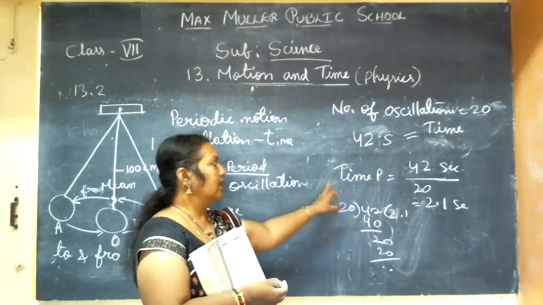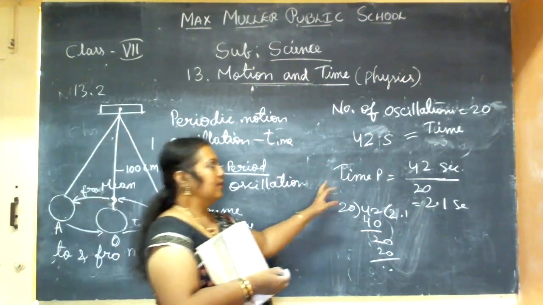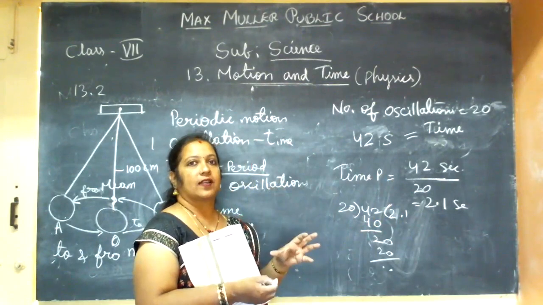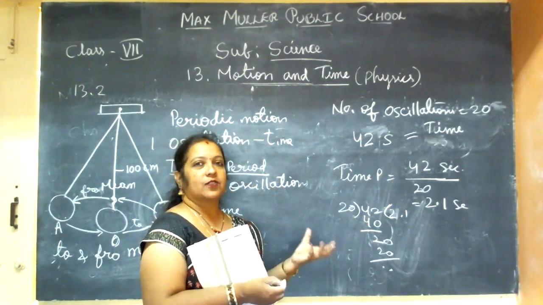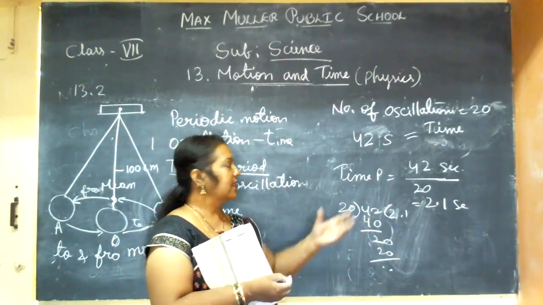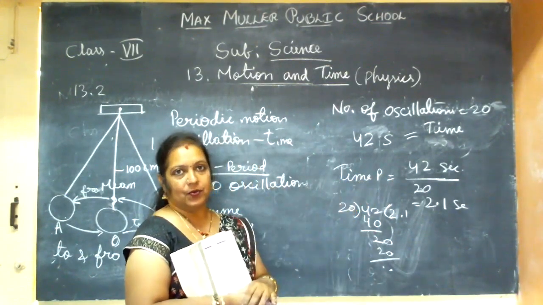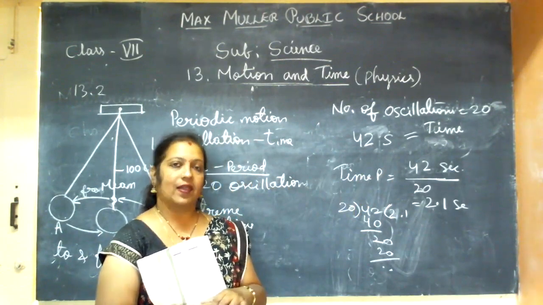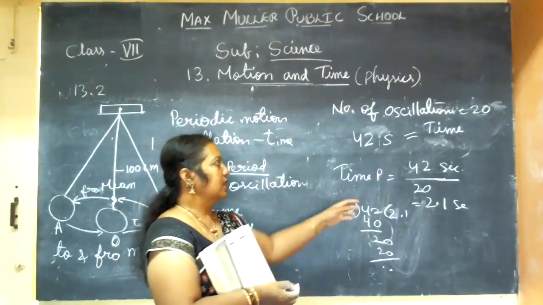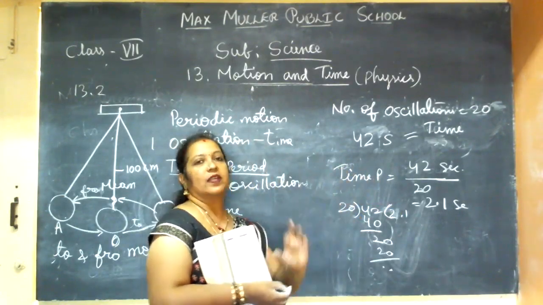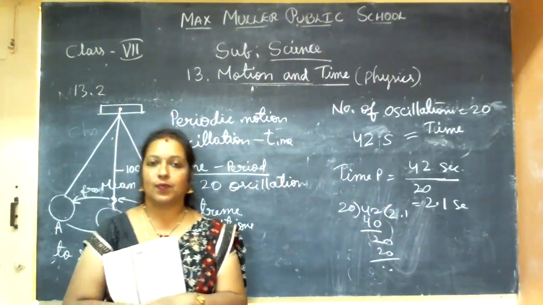Then find the time period: the total time taken, which may come as 40 seconds, 35 seconds, like that, divided by 20, because we measured only 20 oscillations. Then you will get the time period of that particular simple pendulum.